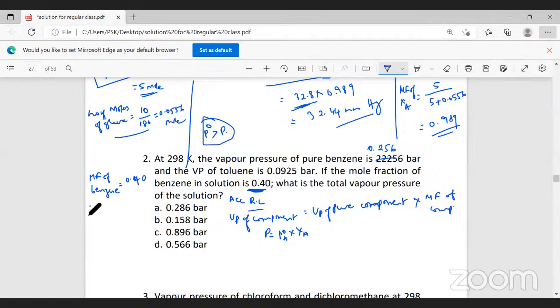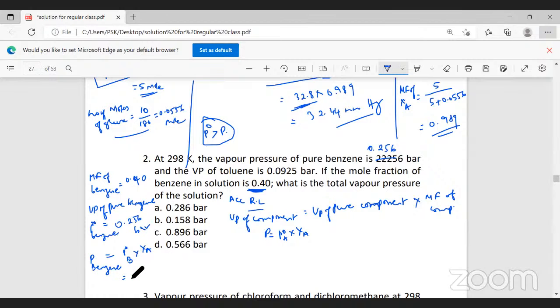Now, the vapor pressure of pure benzene is also given. That is P naught of benzene, given to be 0.256 bar. This is a lengthy problem. So we can write the partial vapor pressure of benzene as the vapor pressure of pure benzene times the mole fraction of benzene.